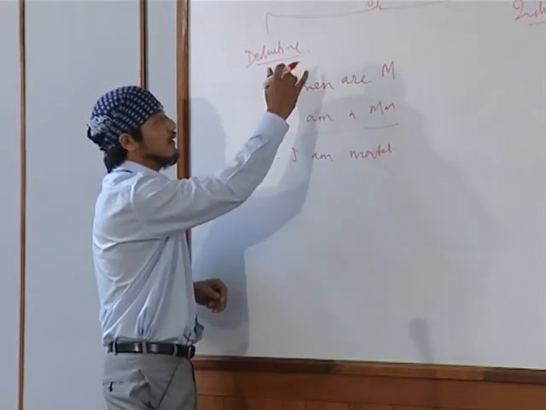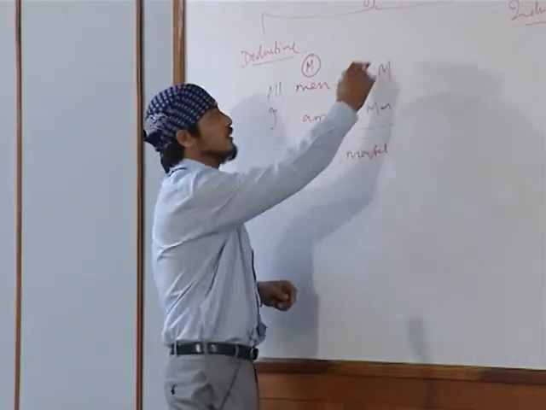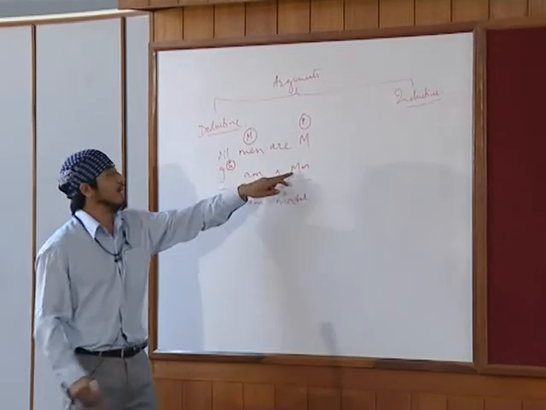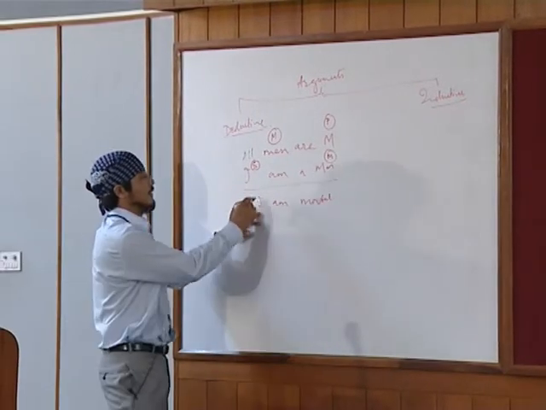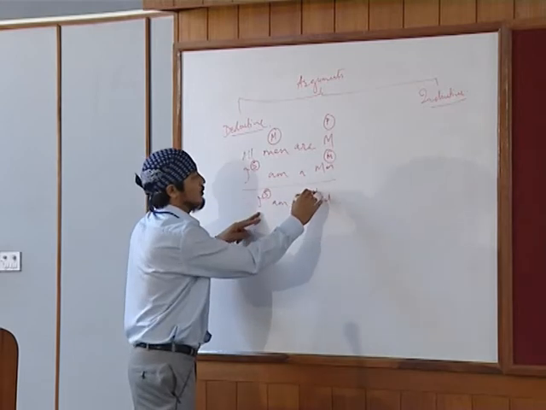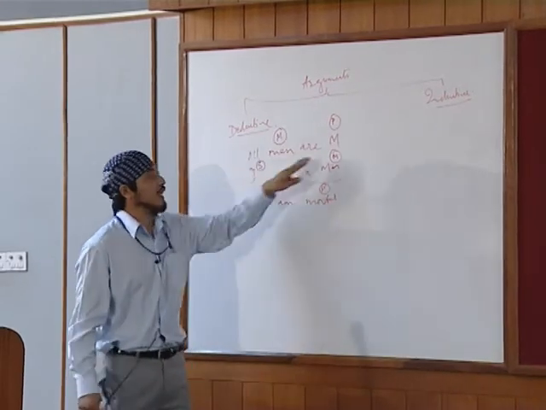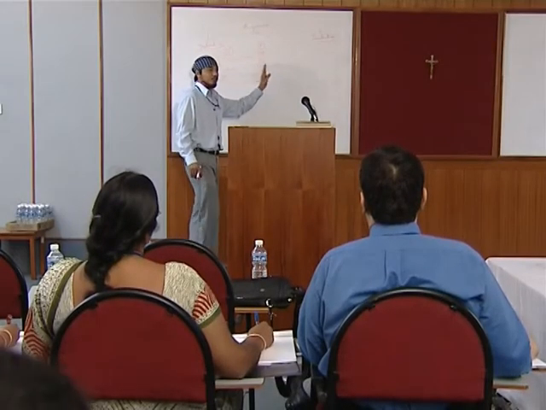So all men, I say M, are mortal, let us say P. Then I get I, this is a distinct term, so I say S, am a man, M. I, S, mortal, P. So the form is MP, SM, SP. This is the form. That means this is the formula.